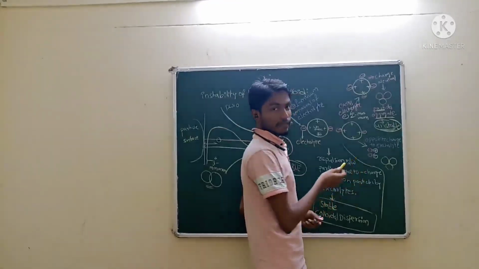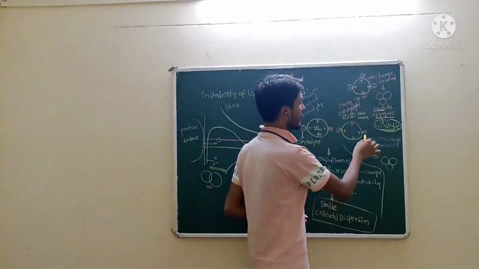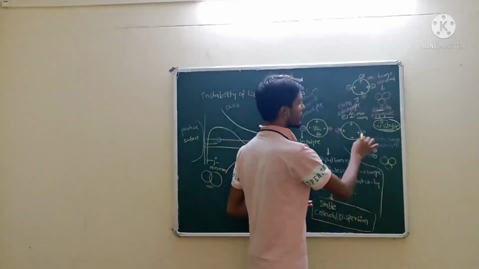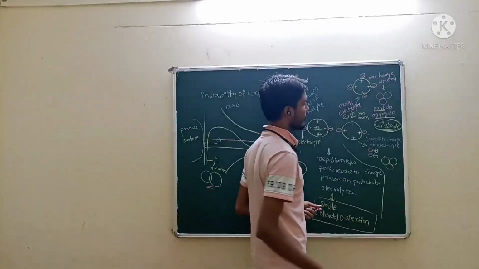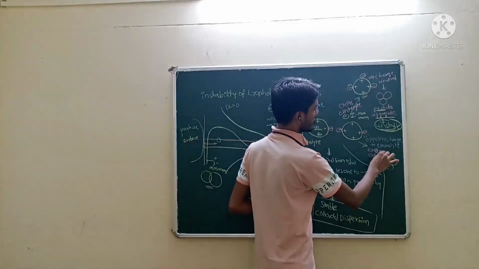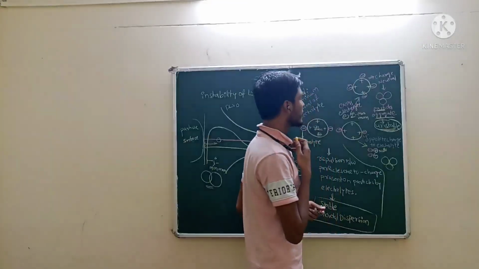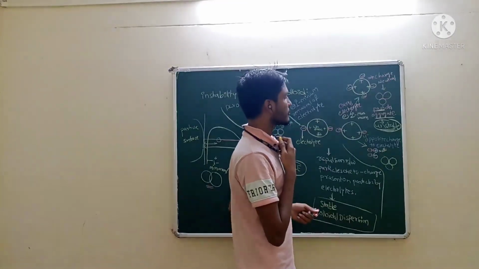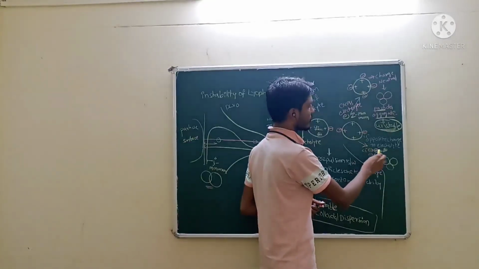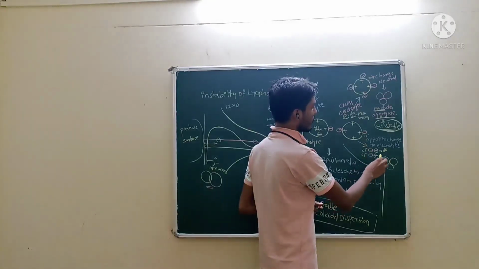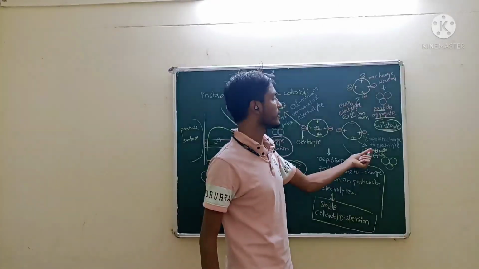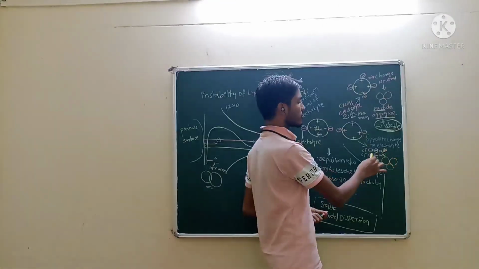When you add an electrolyte of opposite charge, for example, consider this is chloride ion and I add sodium, a positive charge, there is a formation of bond between chloride and sodium.